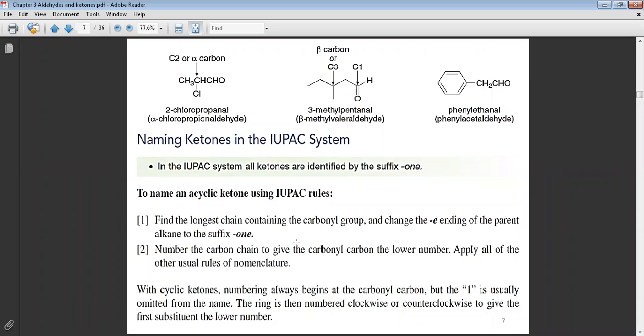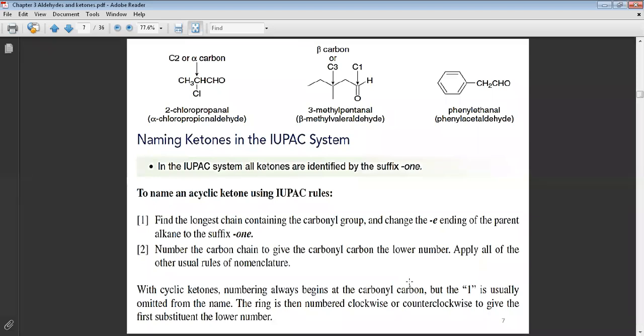With cyclic ketones, numbering always begins at the carbonyl group, at the carbonyl carbon. That means the carbon of the carbonyl group always takes number 1. But this number 1 is usually omitted; we don't write number 1 in the name.